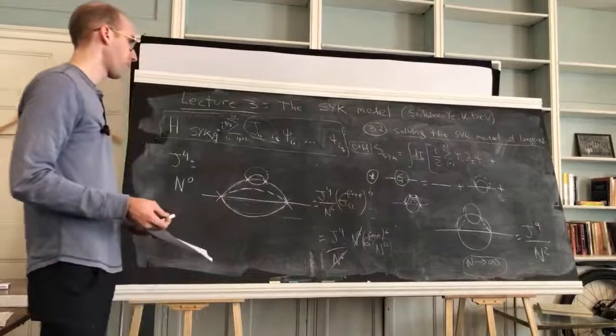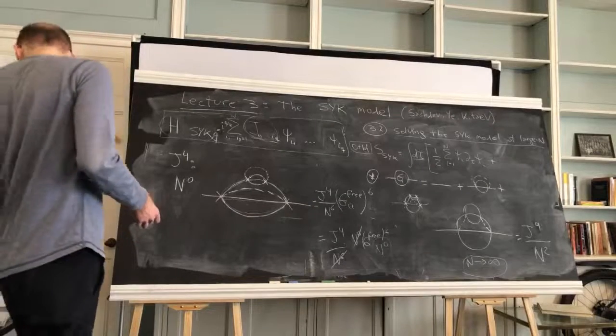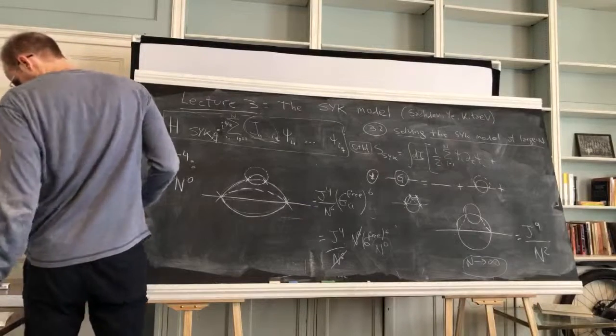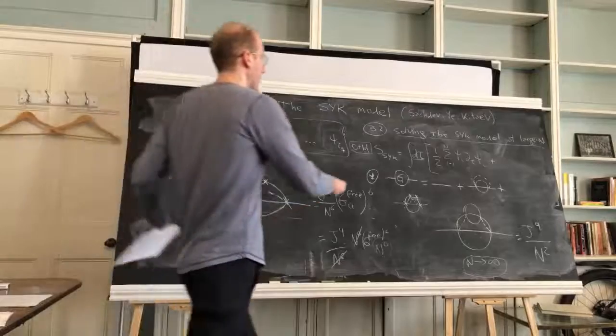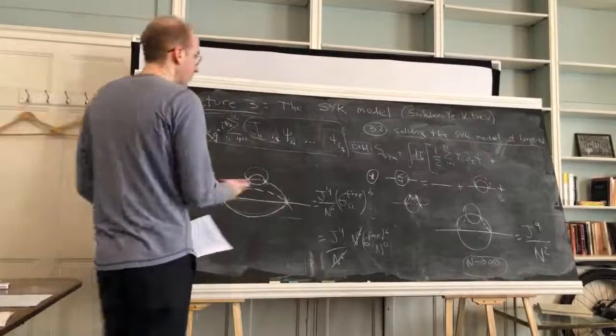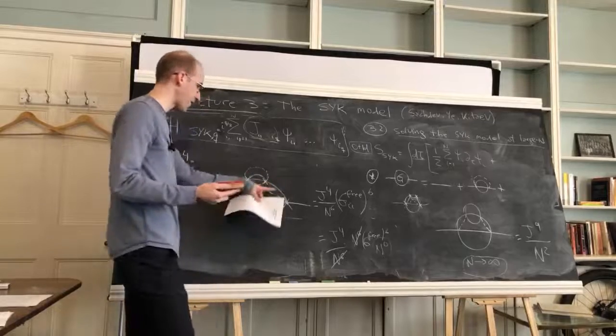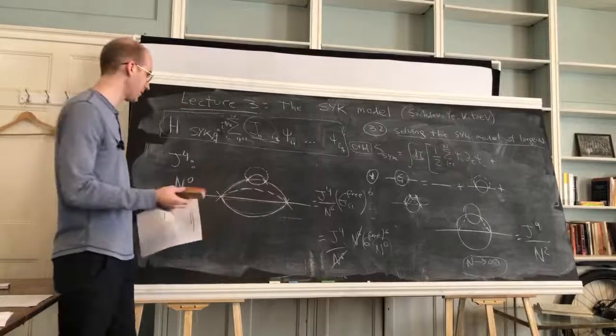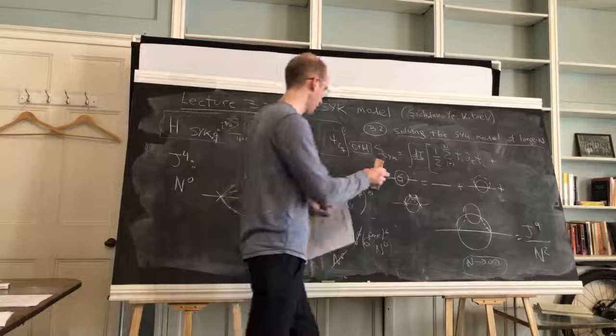And so one can show that basically this computation, when we take n to infinity, is restricted to these types of diagrams that we call melonic diagrams. Don't ask me why.